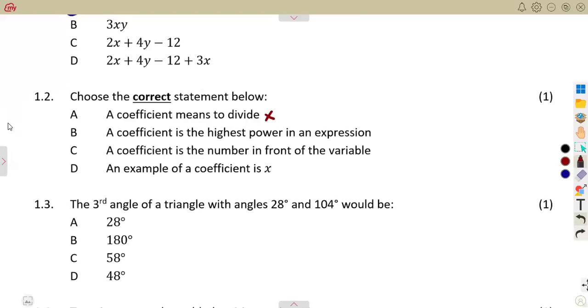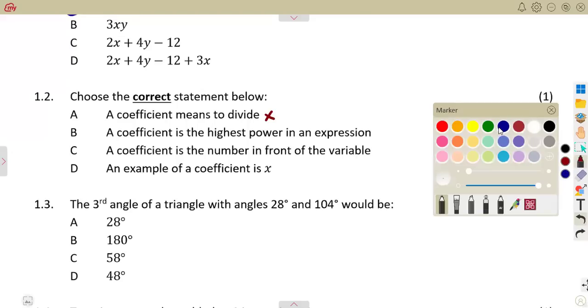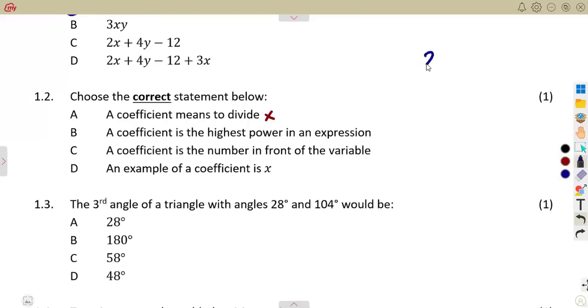No, this does not exist, guys. That's not a coefficient. We understand that if I am given 2x, if I am given 3y, if I am given 3x squared, whatever term that I'm given, the coefficient is supposed to be the number that we are seeing in front of the variable.